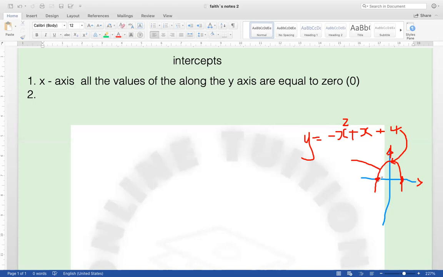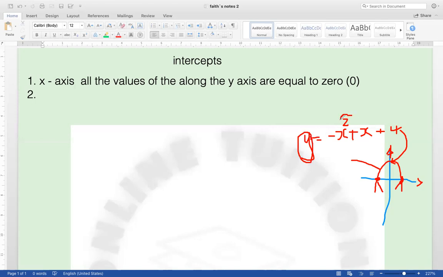Now, if they ask for the values of x here and the values of x here, these 2 points are along the x-axis, so meaning where there's y, just put a 0 and then solve for x.